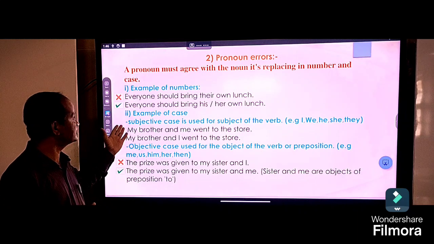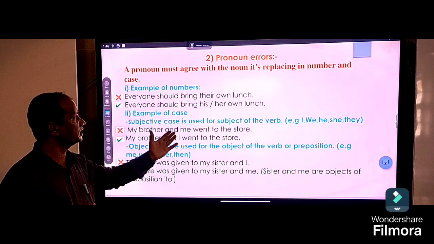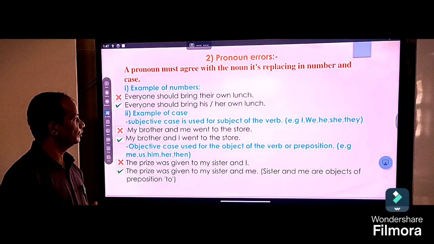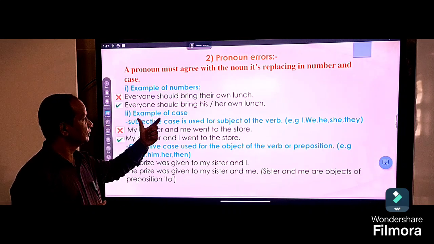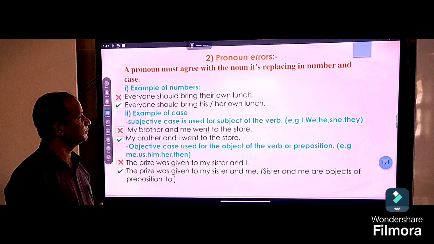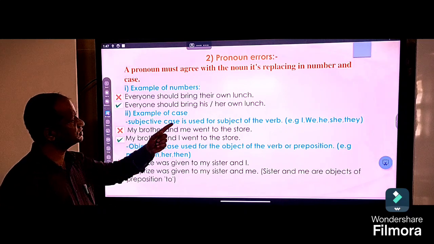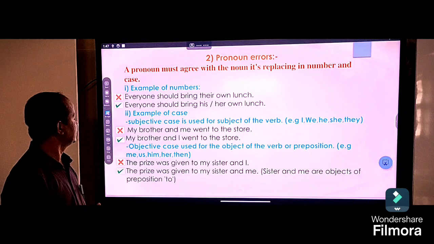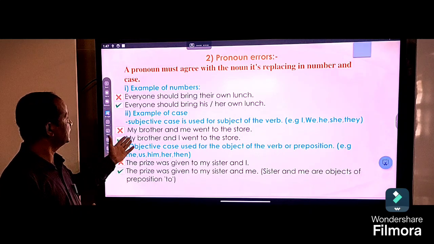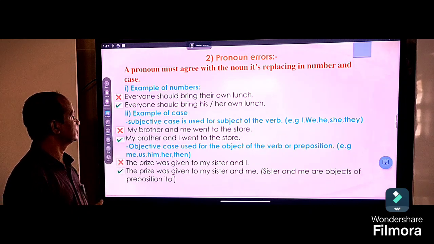Our rule says that the subjective case is used for the subject of the verb. When we use the subjective case for the subject of the verb, that means we have to use I, we, he, she or they. For example, my brother and me went to the store.